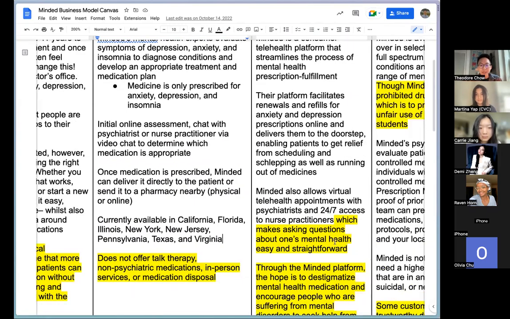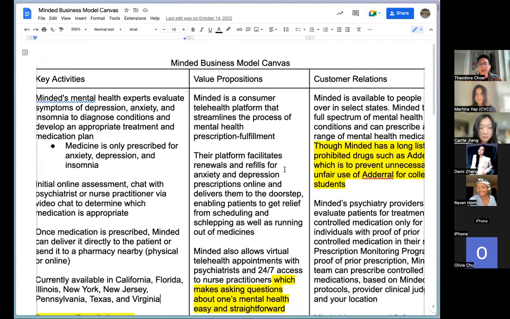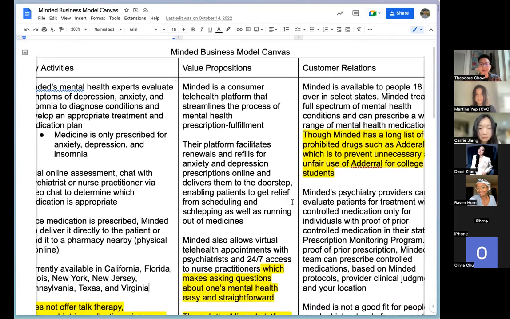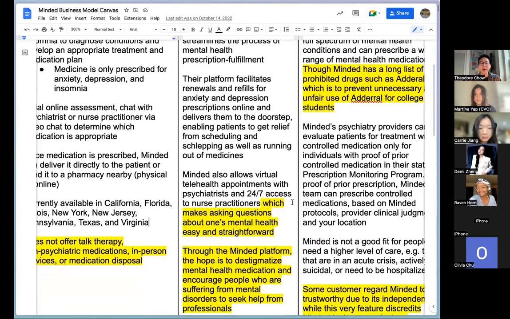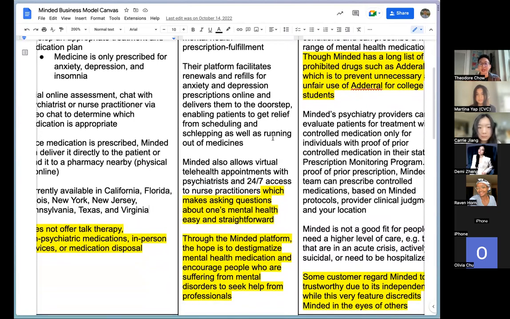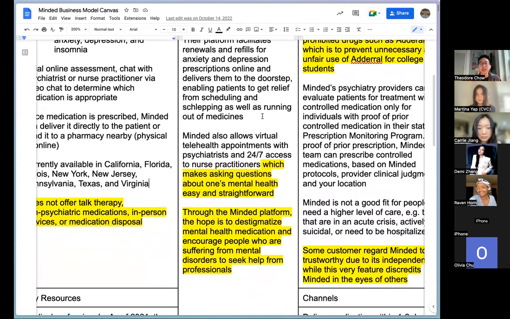So what is Minded's value proposition? Basically, it's a telehealth platform that streamlines the process of mental health prescription drug fulfillment. It facilitates renewals and refills for anxiety and depression medication and enables them to be delivered to the doorstep, relieving patients from scheduling and shelving as well as running out of medicine.